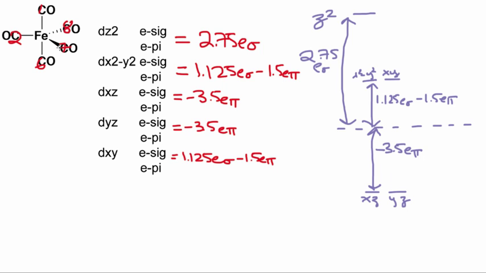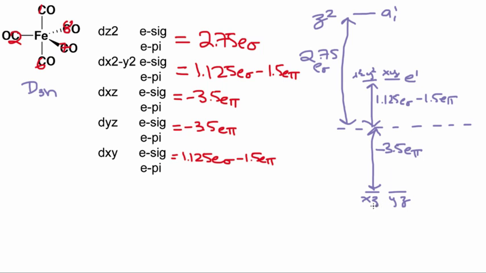And so if we look at the molecule, we can see that the molecule has D3h symmetry. Looking at the character table, we'll see that the dz squared is going to have the character of A1 prime. In the case of the dx squared minus y squared and the dxy, they're both going to be degenerate since they are in the enclosed parentheses, and they will have the symmetry of E prime.